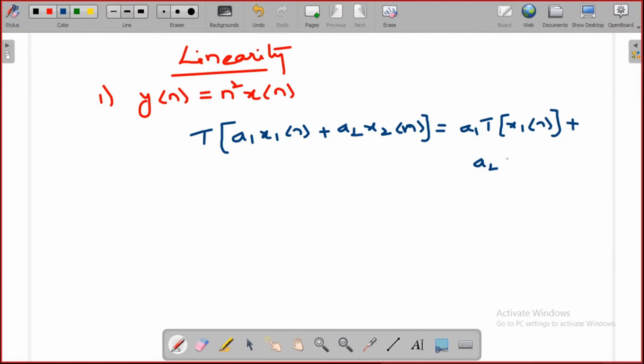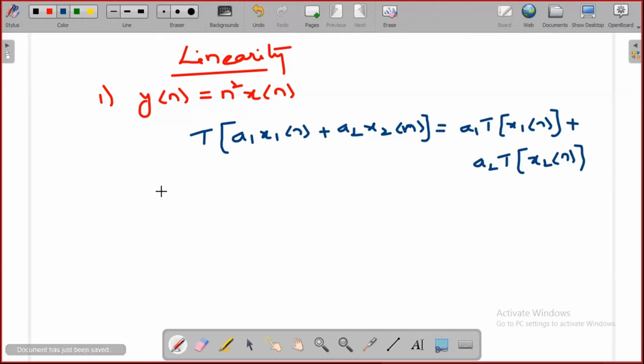If the system satisfies the condition, then it is linear, otherwise it is non-linear.